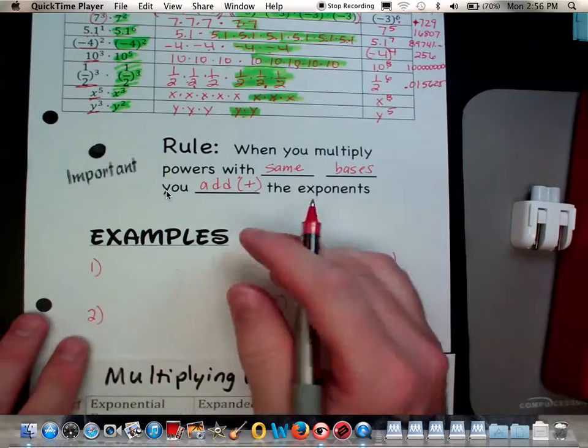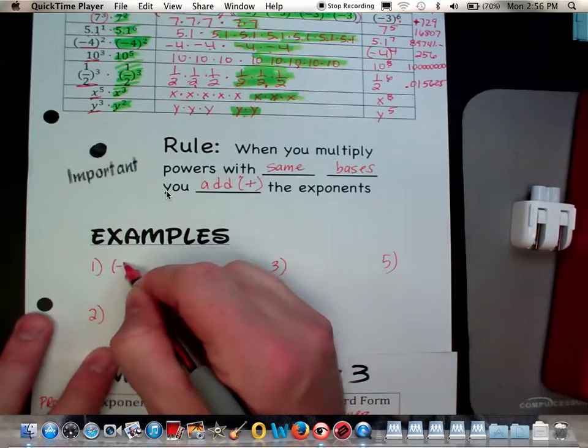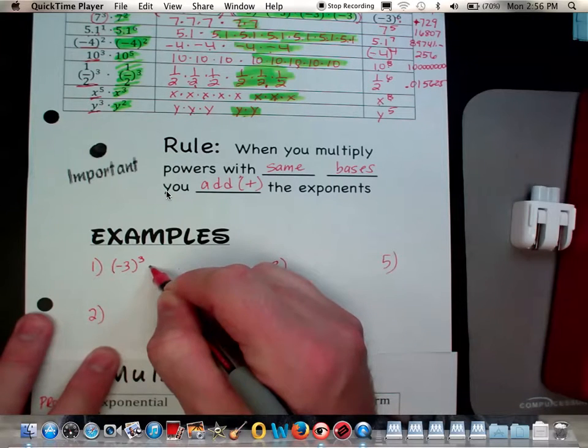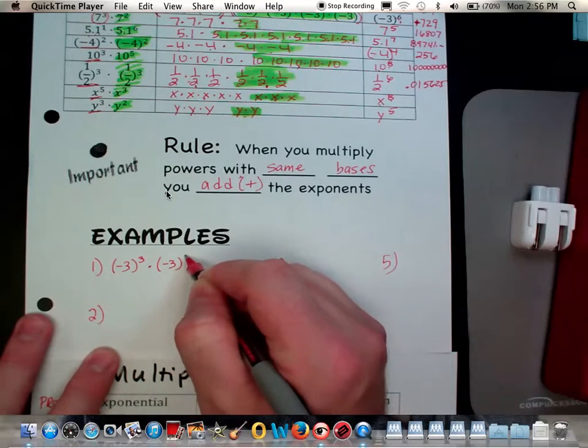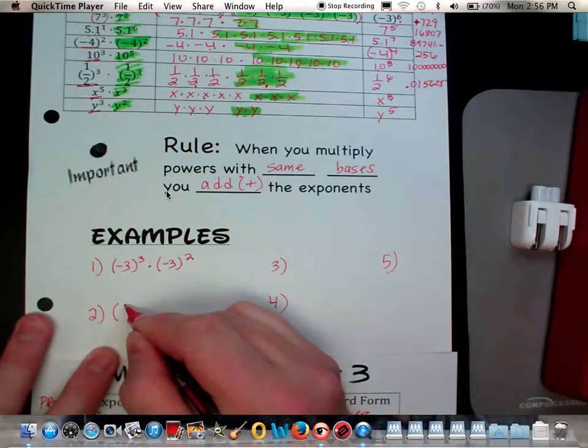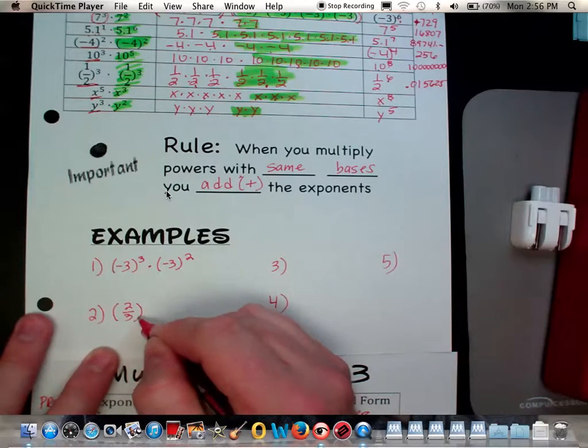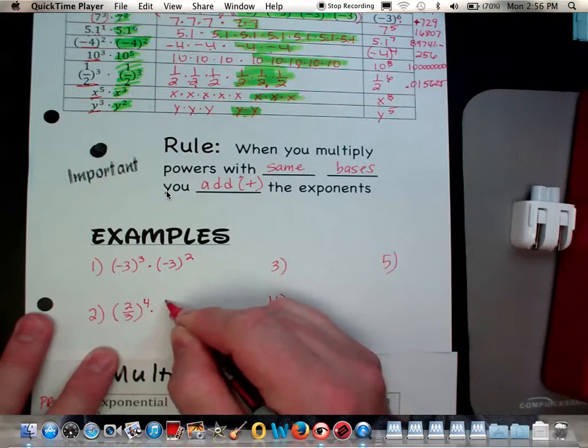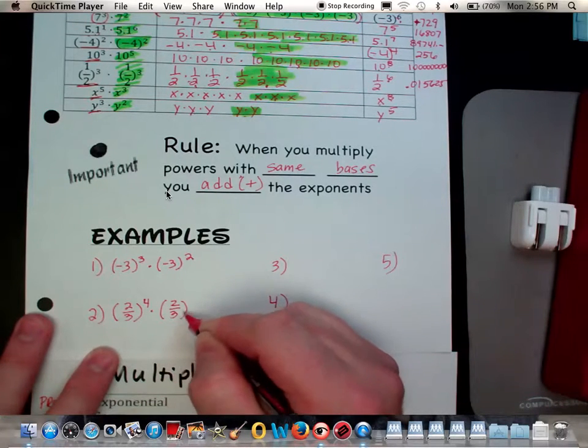And I want you to see what these would be. So negative 3 to the third power times negative 3 to the second power. Okay, let's do 2/3 to the fourth power times 2/3 to the second power.